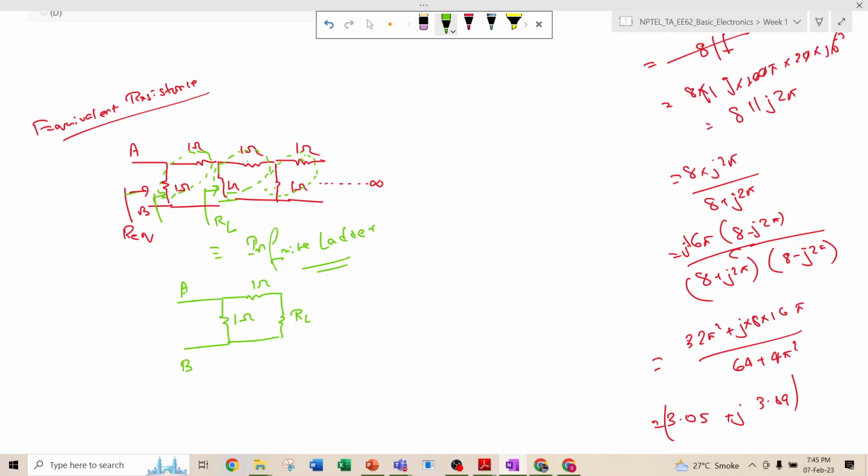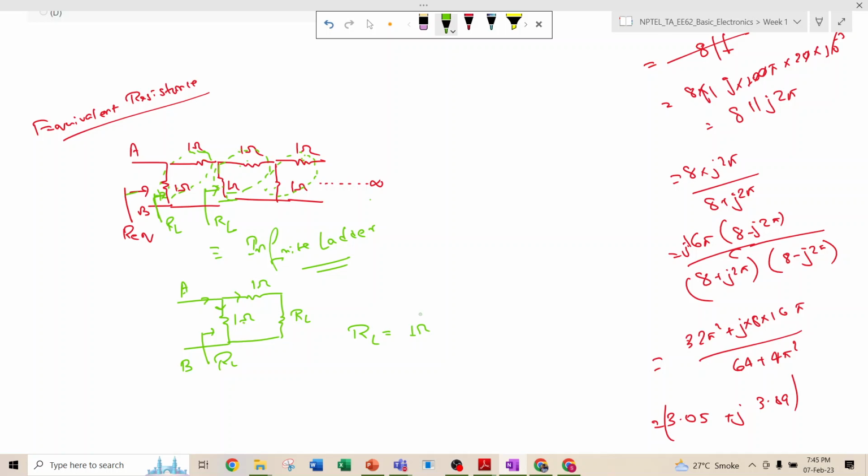So from here, if we also see this 1 ohm, then here it is 1 ohm, 1 ohm, 1 ohm, and this kind of thing is infinite times. So this will also be the RL. From here, if we see, that will also come as RL. So this RL will be equal to this 1 ohm resistance in parallel with 1 plus RL, because the current is flowing through this part and this part.